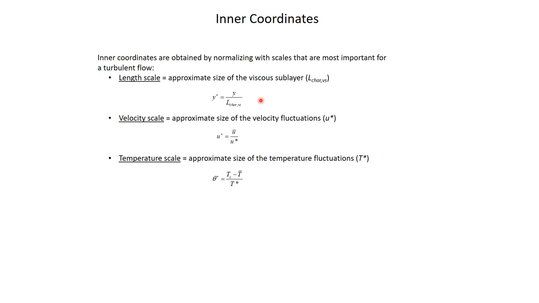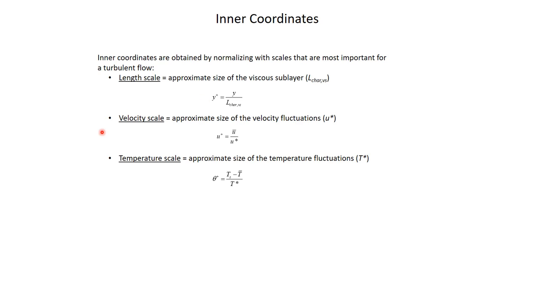All right, so this kind of goes back to when we talked about turbulent flows and how the important length scale in a turbulent flow is not the boundary layer thickness. That doesn't really govern much of anything, but rather the viscous sublayer thickness, because that's where all the temperature gradient is occurring. That's where all the velocity gradient is occurring.